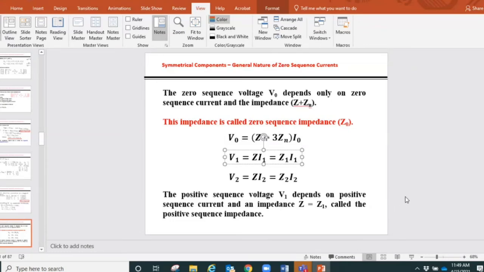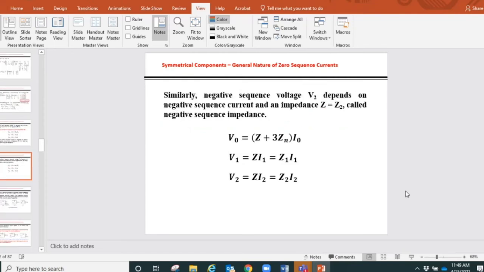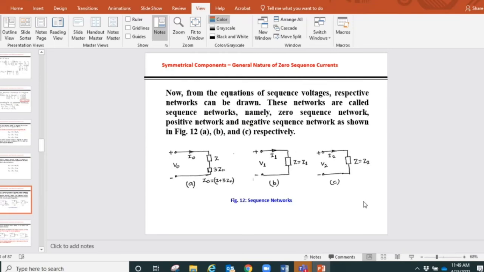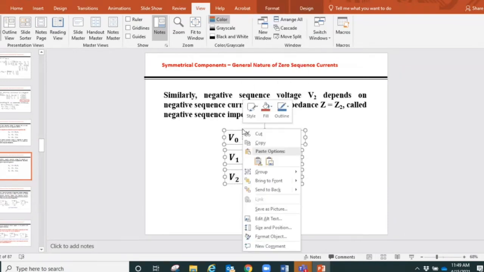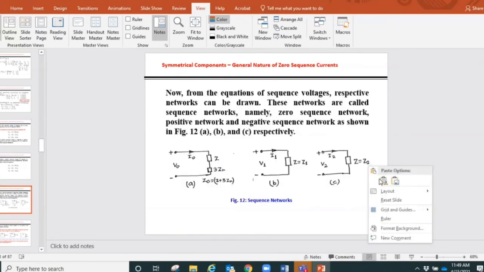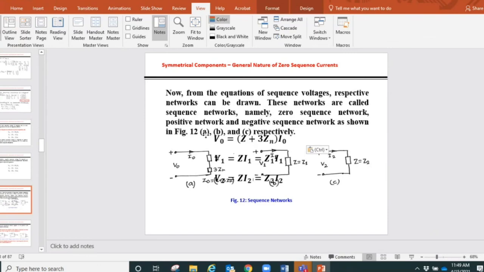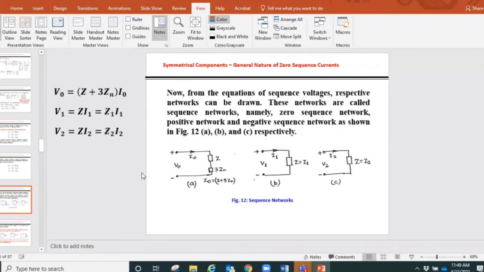These are the same explanations shown here. Let me copy and paste these equations in the next slide, so I can go to these diagrams. Now for power systems fault analysis, if you remember in power systems 1, we needed to draw the reactance diagram, which we also have to do in this chapter.